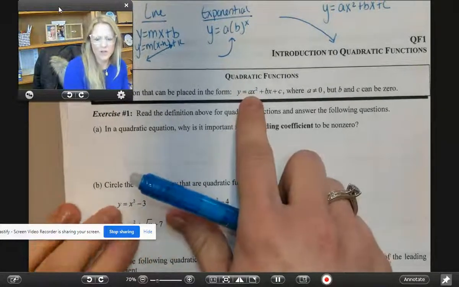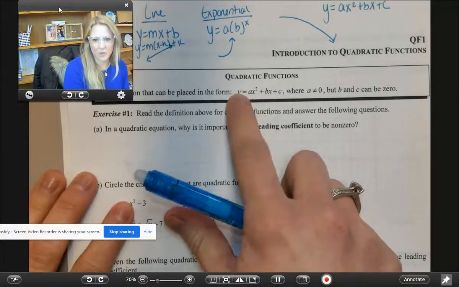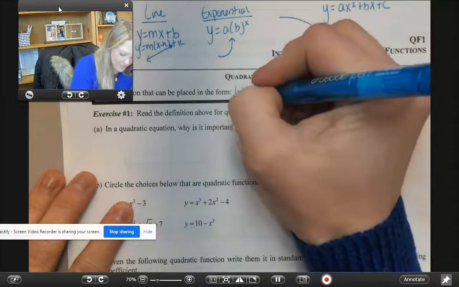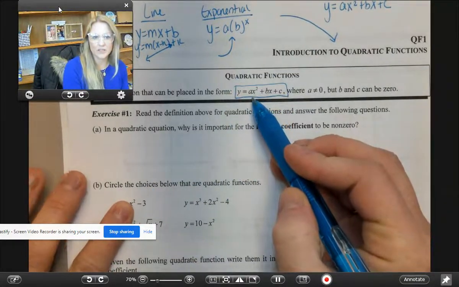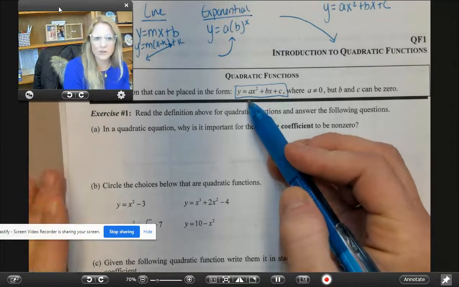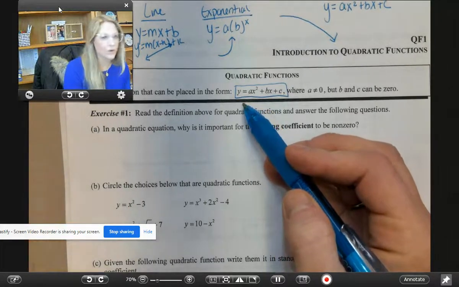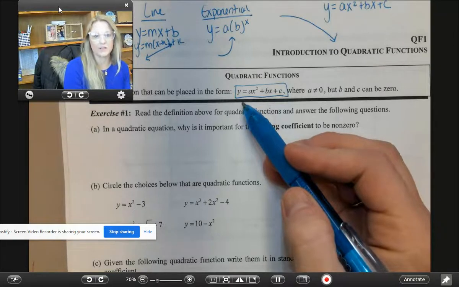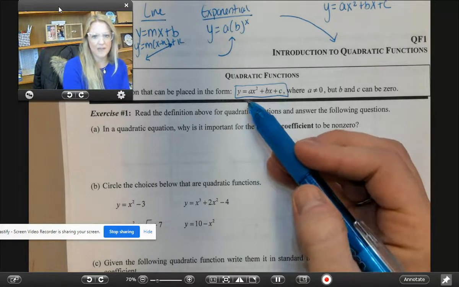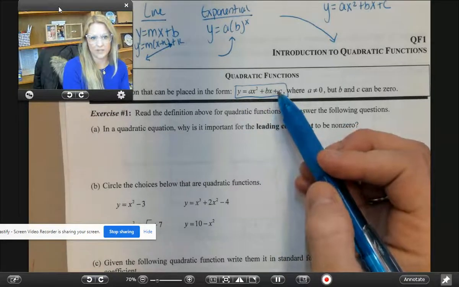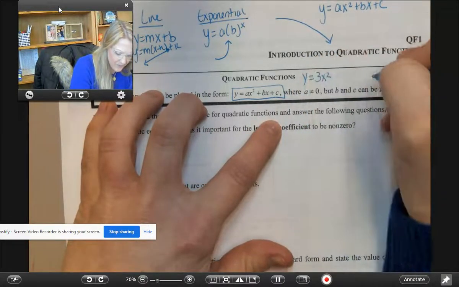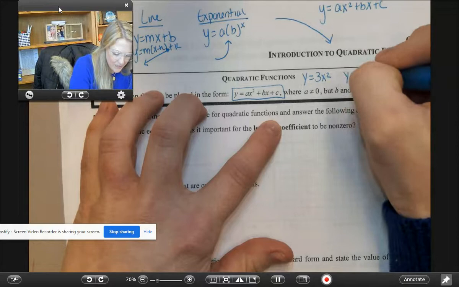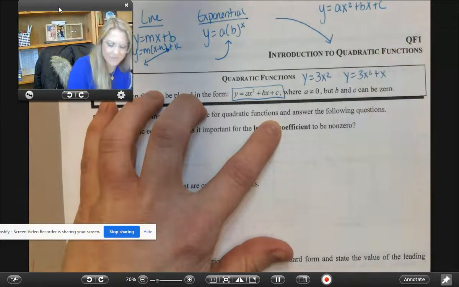Okay, so in this quadratic equation, I want you to notice what it looks like. The highest exponent will be a squared. There will be no x to the thirds, no x to the fourths, no square roots, nothing weird. It's literally an x squared, and then it could or could not have other pieces with it. So it could be y equals 3x squared. It could be y equals 3x squared plus an x.